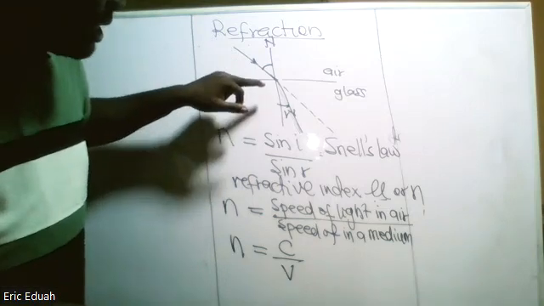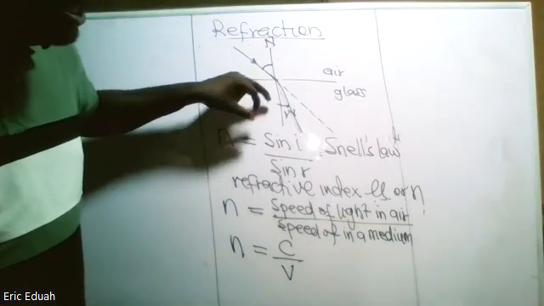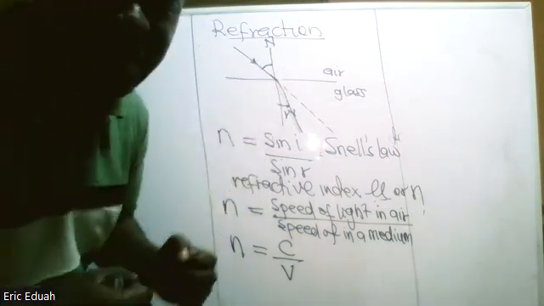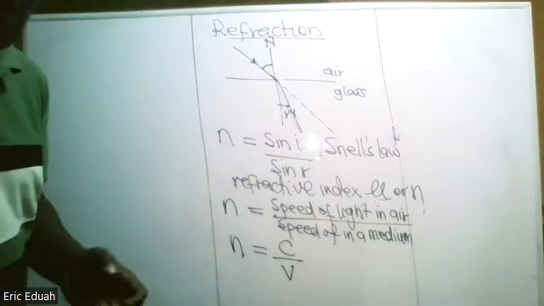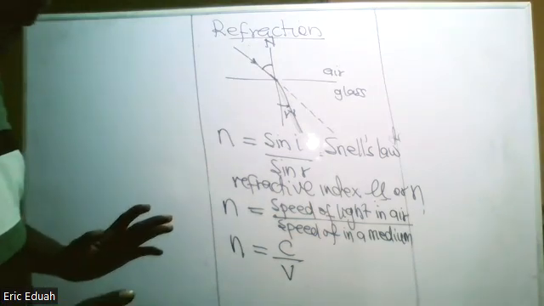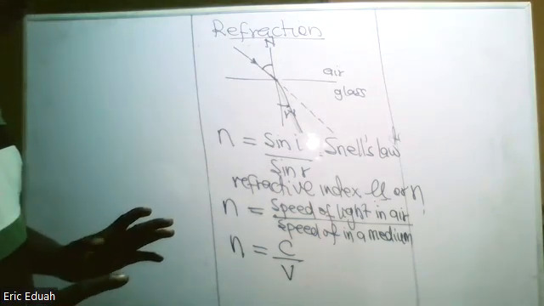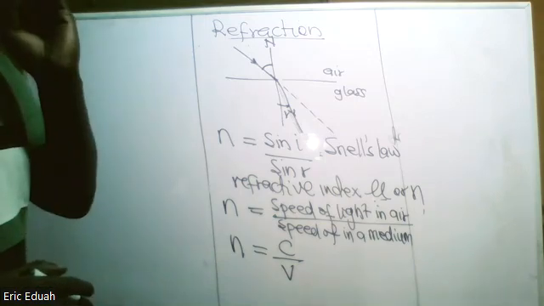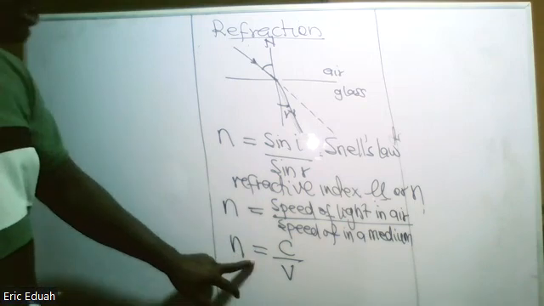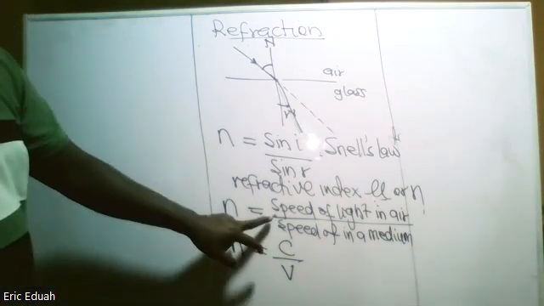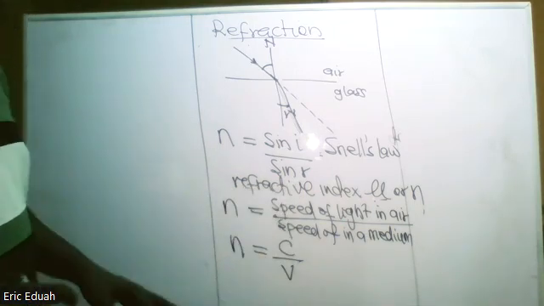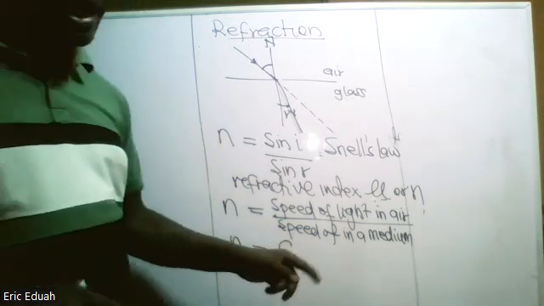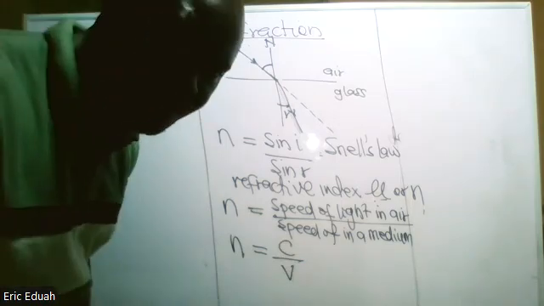But the moment the light enters a material whose density is greater than before, its speed will drop or reduce. Please, are we okay? Yes. All right. So the refractive index of a material can also be expressed as the ratio of the speed of light in air to the speed of light in a medium.